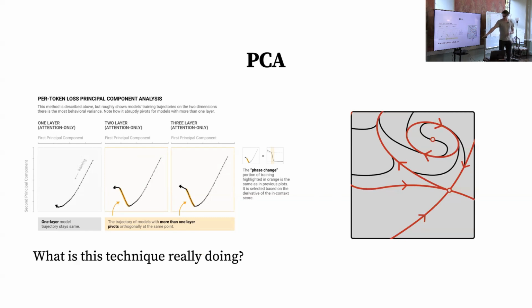And so if we have a trajectory starting down here, moving up here, and then moving away from the singularity again, you project that down and you see a kink here. You see some kind of change in direction. Now, you have to be careful with this, because projecting down can also introduce kinks where there are none. But in general, you see a kink in the PCA plot, suggests there might be something interesting going on there.